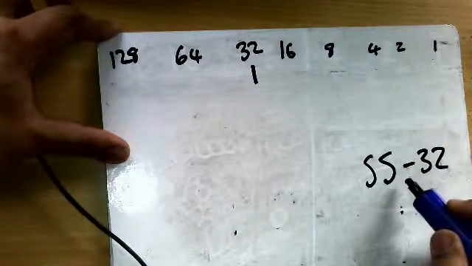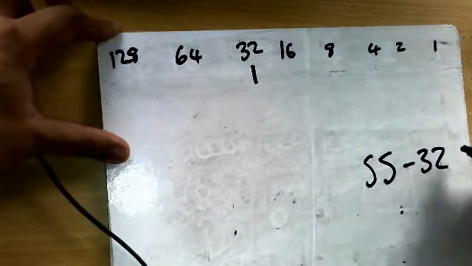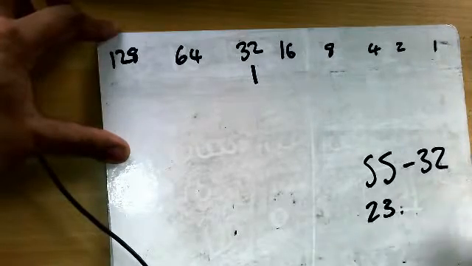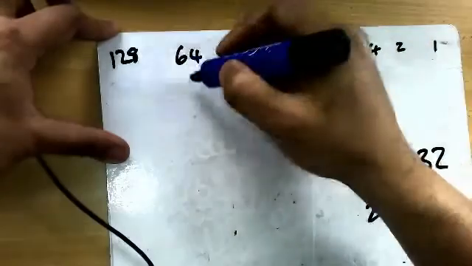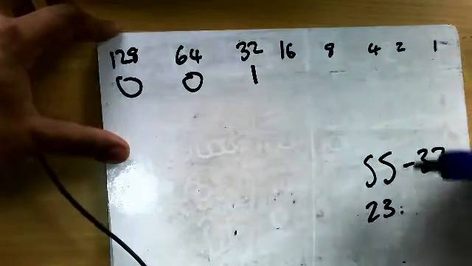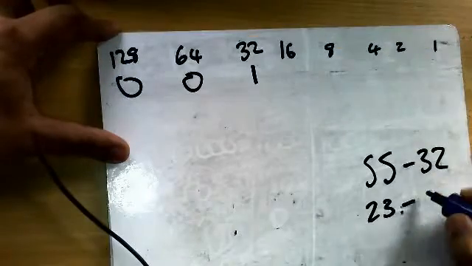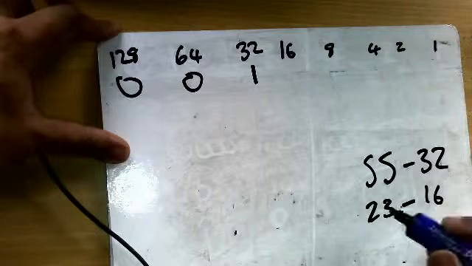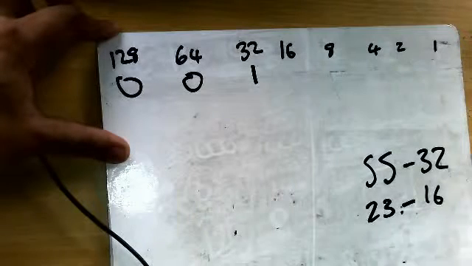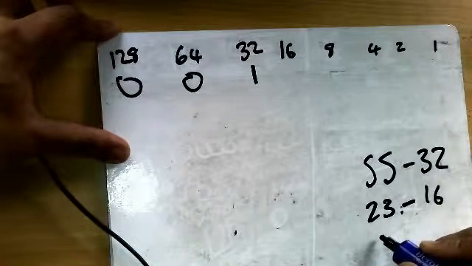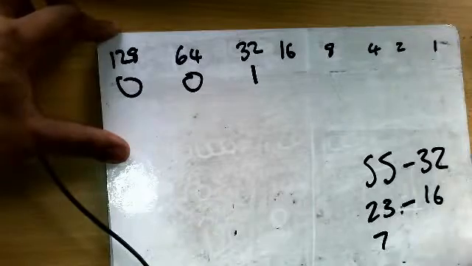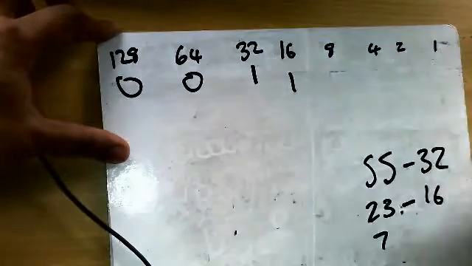So 55 take away 32 is 23, so we're left with 23 right now. I can't use 64 and 128, but 16 definitely goes into 23. So I'm going to do 23 take away 16, which leaves me with 7, I think. Yes. And I'll switch this 16 on.